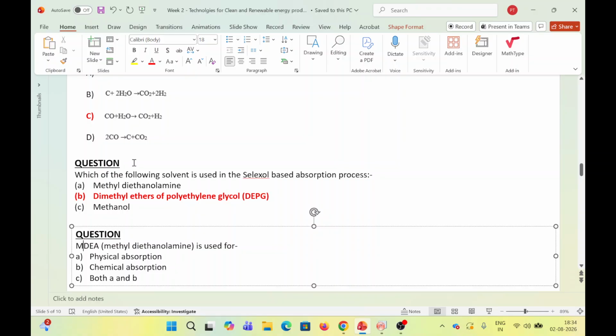Is it physical absorption or chemical absorption? Chemical absorption. Okay, that is correct. Now, if MDEA follows chemical absorption, what about the Selexol based absorption process and methanol absorption?